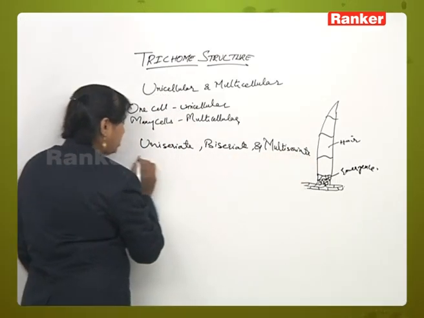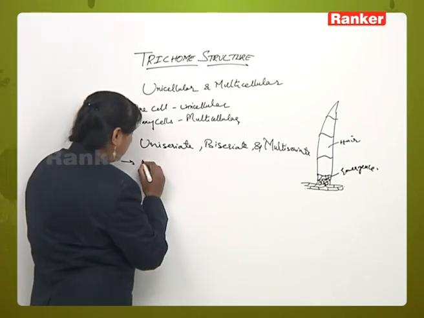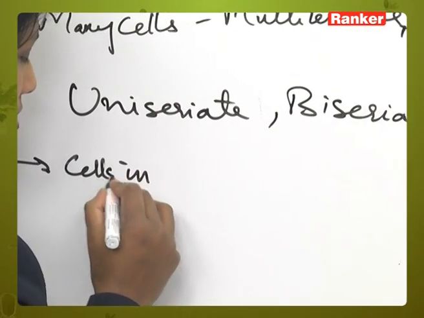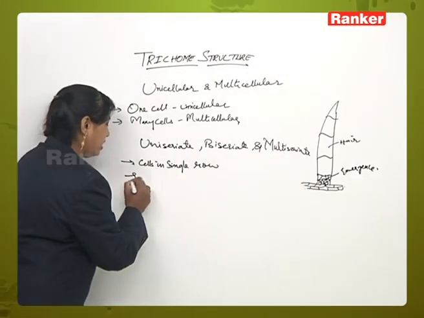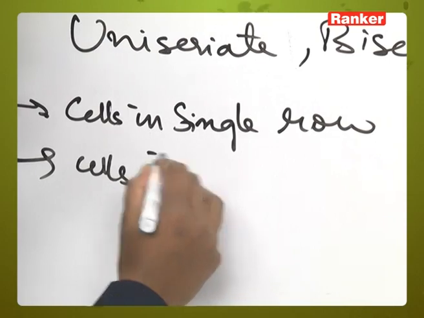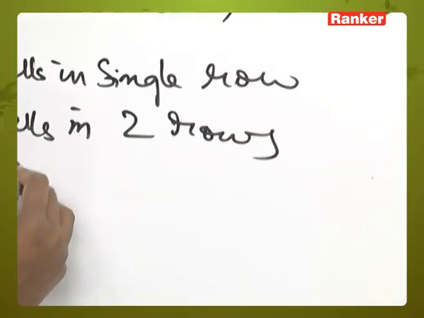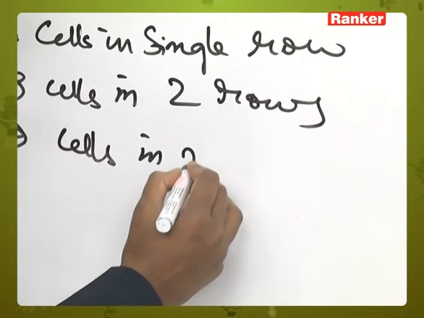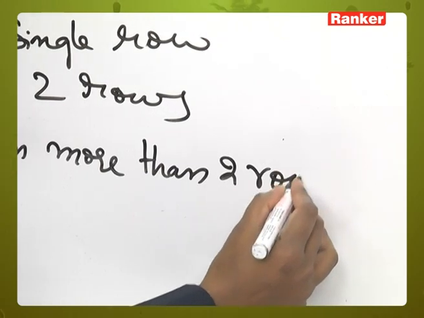Now, what is uniseriate? In uniseriate, the cells are arranged in a single row. In biseriate, cells are in two rows. And in multiseriate, cells occur in more than two rows, meaning a number of rows.